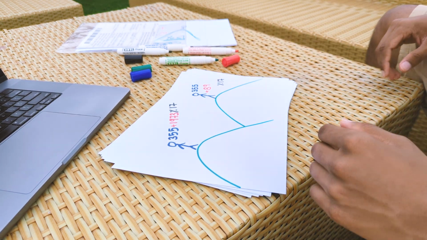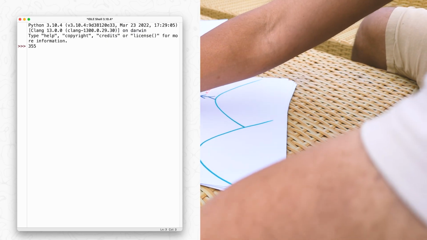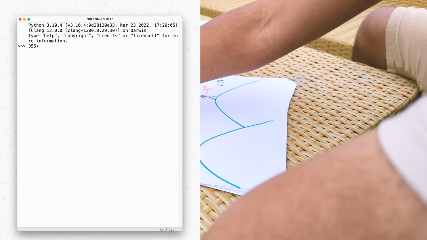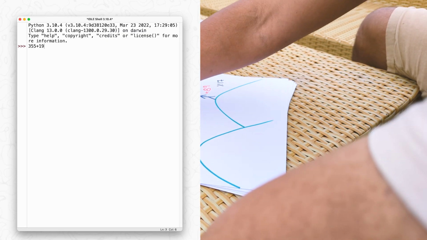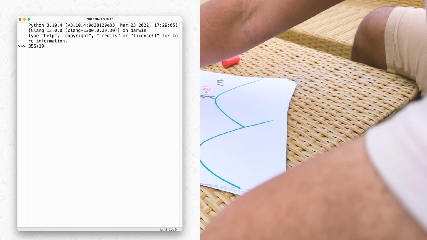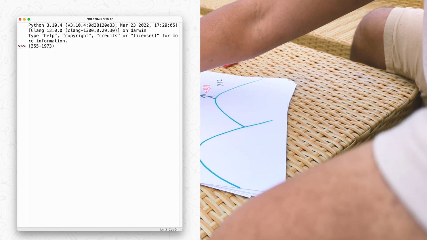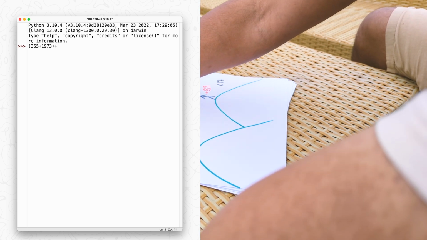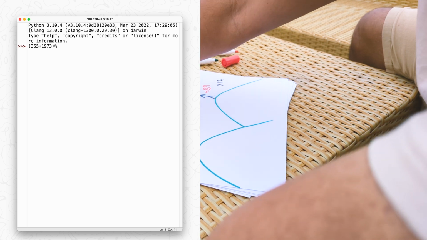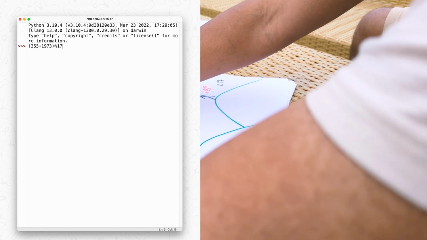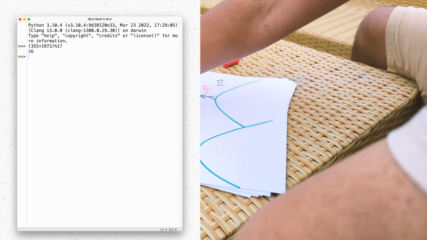Let's see what this computes to. So that is 355 plus 1973, mod 17. That gives us 16.